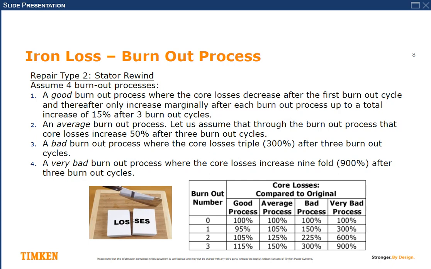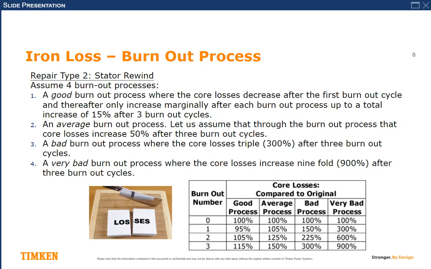And the reason for this is that during the lamination punching process, stresses build up due to the cuts of the lamination punching. Over time and through the burnout process, it's almost like these stresses in these areas get reduced. Annealed perhaps, although it's not a high enough temperature to anneal the steel.